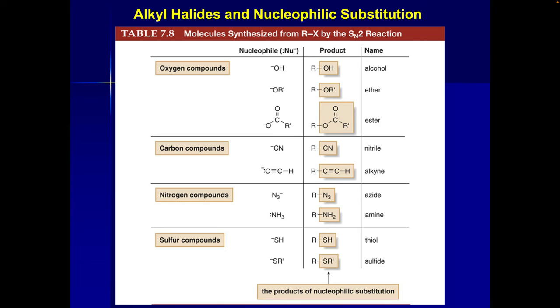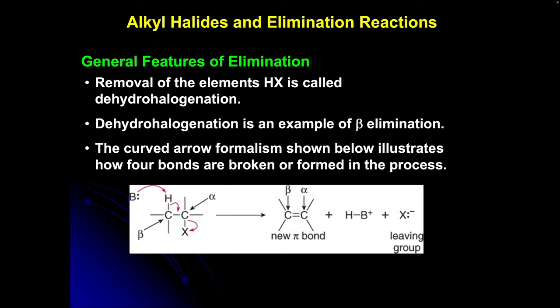Hydroxide's a good nucleophile. Alkoxide's a good nucleophile. Cyanide's a good nucleophile. Azide is a good nucleophile. Thiolate is a good nucleophile. Most of them, except for the amine, are negatively charged. So all of these are going to favor an SN2 reaction, especially if we're reacting them with something like a primary alkyl halide.